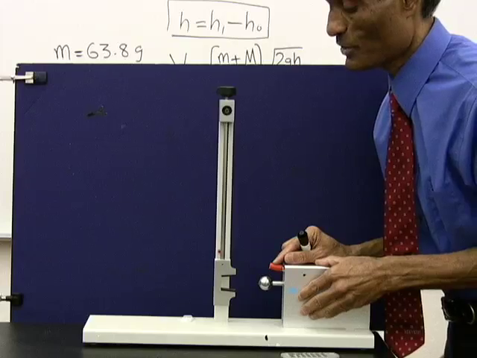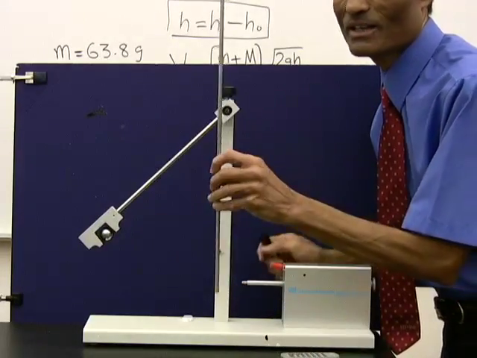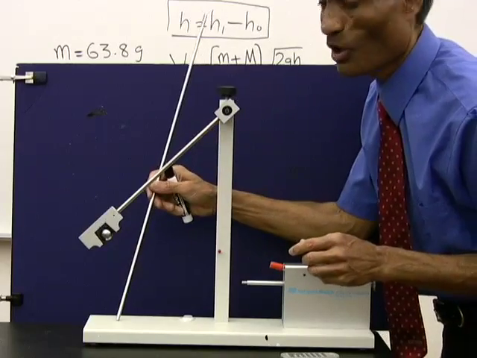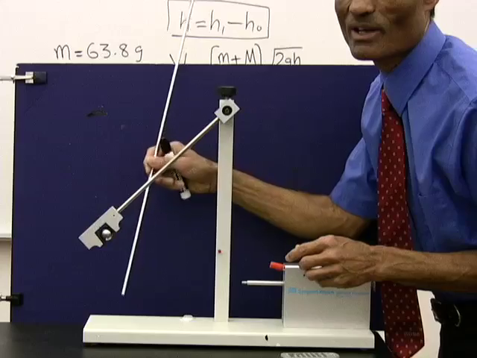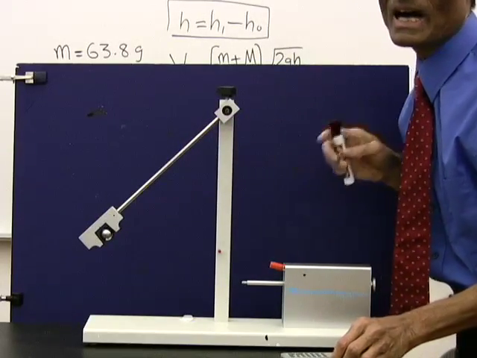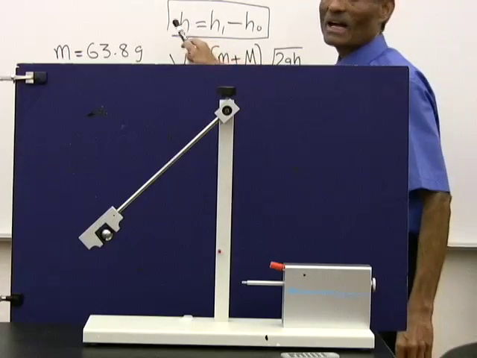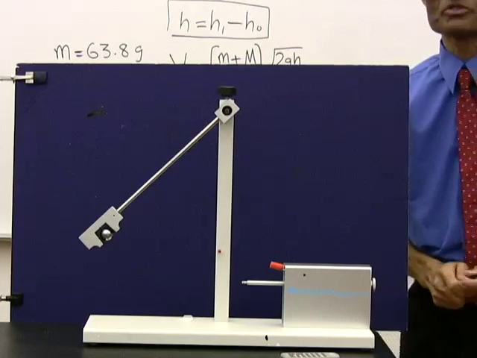Alright, let's do a second trial. Watch it carefully. There goes. Alright, measure the height of the ball from the top of the equipment. Multiply that with the conversion factor and calculate h as h equal to h1 minus h0.